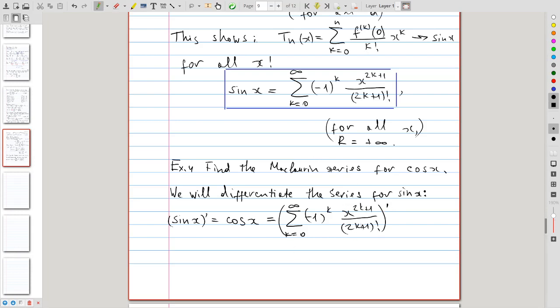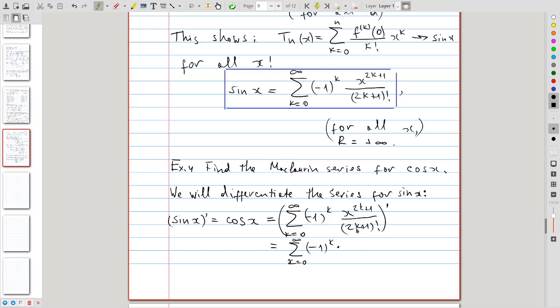So this derivative is equal to the sum of derivatives of individual terms, which are the following. So we have minus 1 to the k, it is a constant, it does not change under differentiation, multiplied by, now we need to take derivative of this expression.